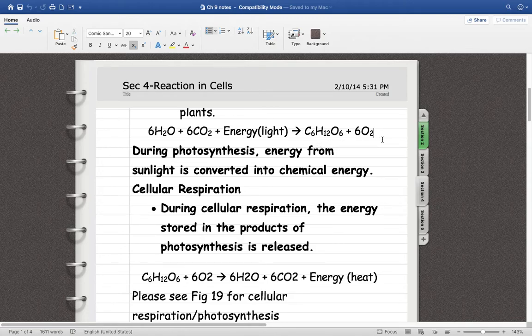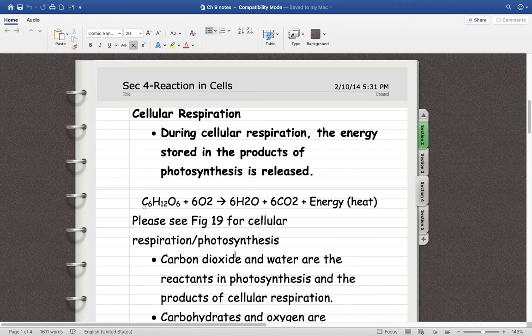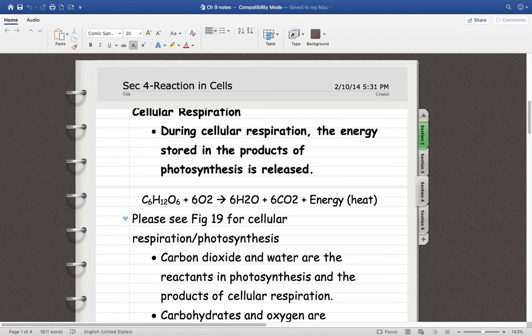On the flip side, in the reverse reaction, oxygen and carbohydrates from plants turn into carbon dioxide and water. During cellular respiration, the energy stored in the products of photosynthesis is released. So a forward reaction is photosynthesis, and the reverse reaction is cellular respiration. Just remember the forward reaction is photosynthesis, and know it's the opposite.